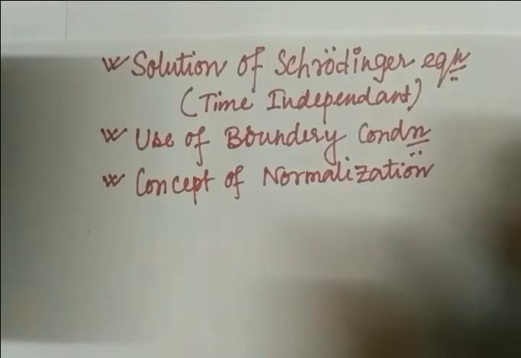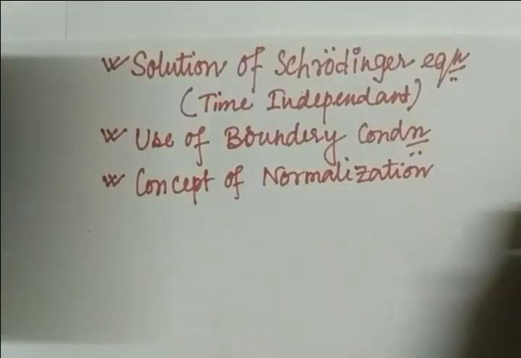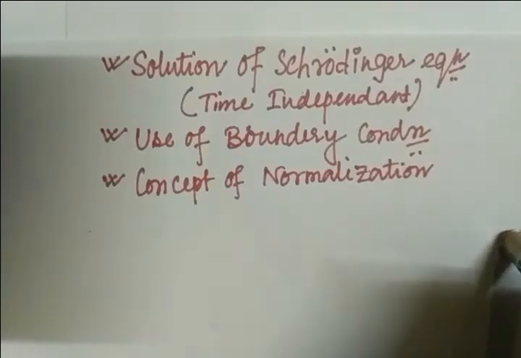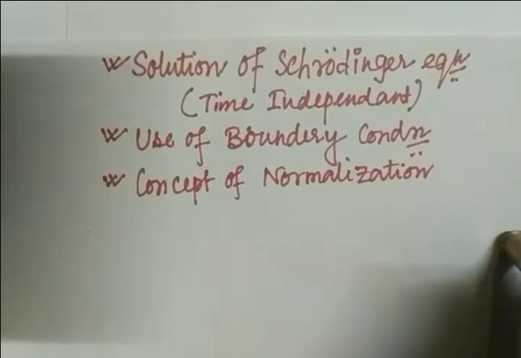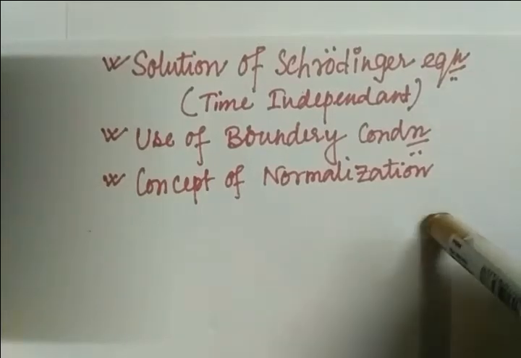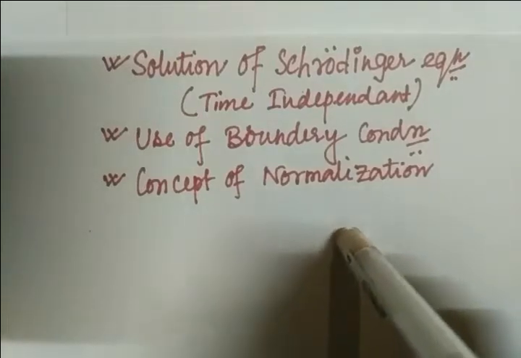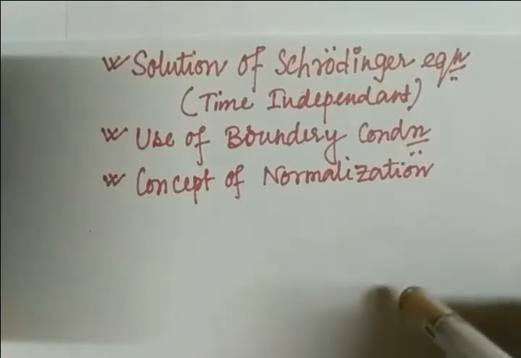We have already done each individual parameter and its expansion in detail, but today I will cover how to solve this equation. We have derived it, but we don't know the solution. From this solution we will enter the concept of normalization and the density of states.